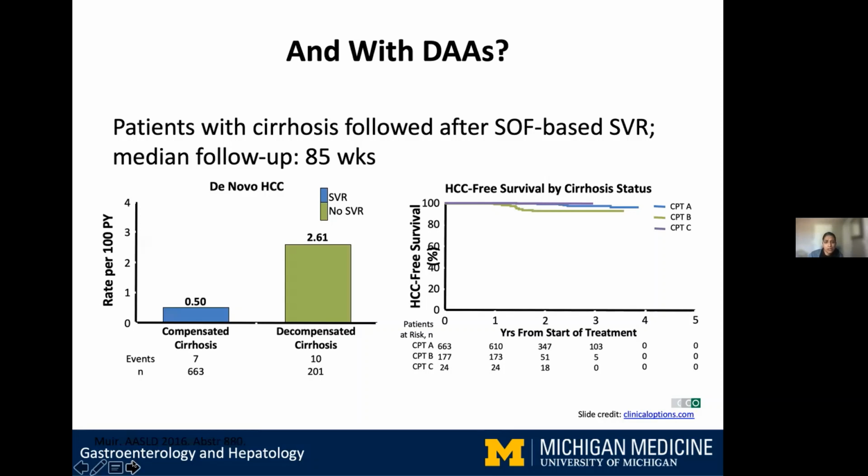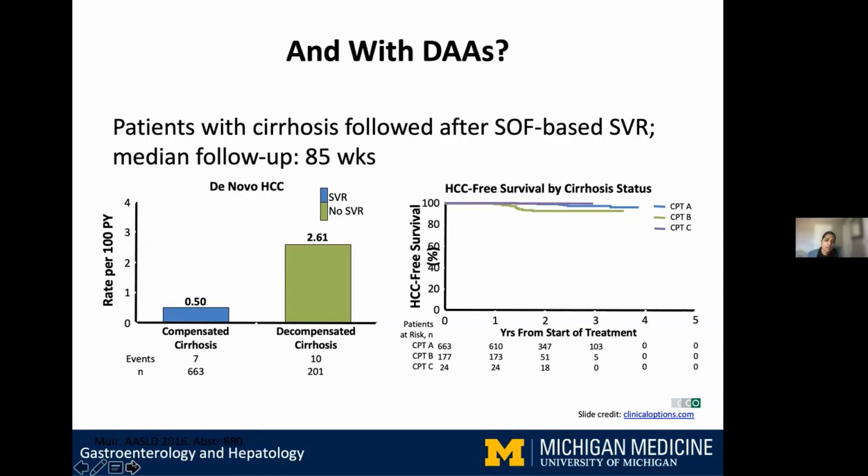There have also been studies published now looking at patients with cirrhosis who were followed after direct-acting antiviral treatment. This is a study looking at patients treated with sofosbuvir-based regimens who achieved a cure, who were followed for 85 weeks.